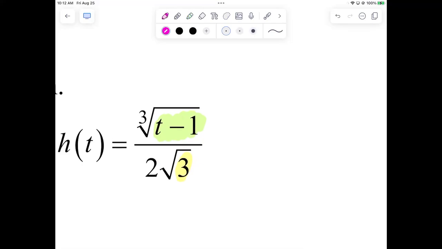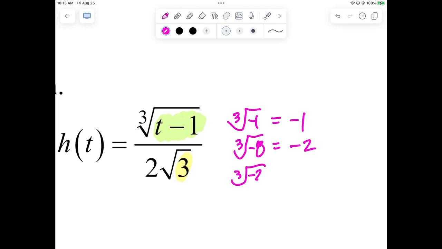For instance, the cube root of -1, what number times itself 3 times is -1? -1. What about the cube root of -8? What number times itself 3 times is -8? -2. What about the cube root of -27? What number times itself 3 times is -27? -3, so on and so forth.